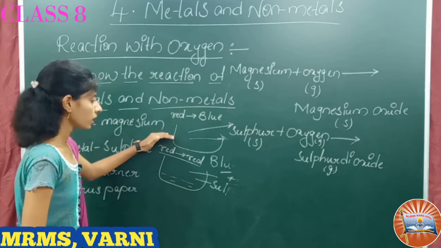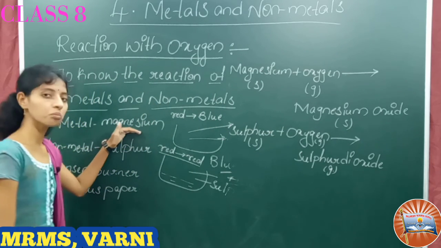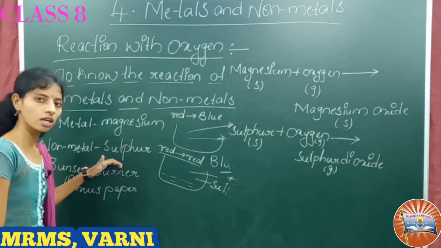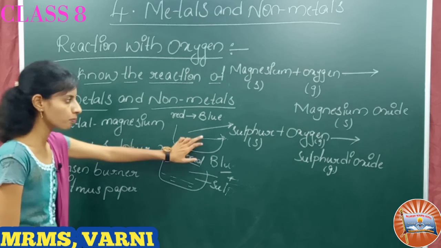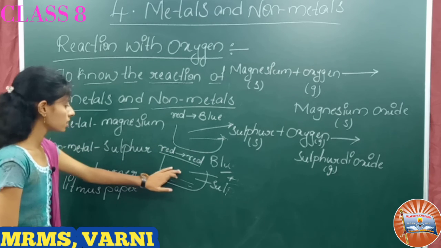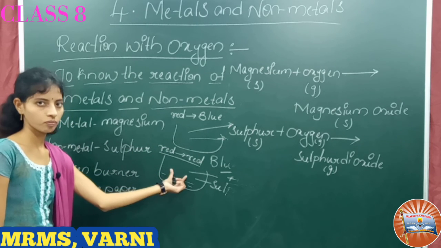Right? Here magnesium is a metal and sulfur is a non-metal. From this we can say that magnesium oxide is a base and sulfur dioxide is an acid.